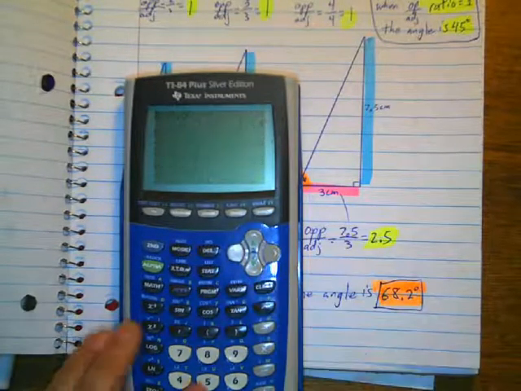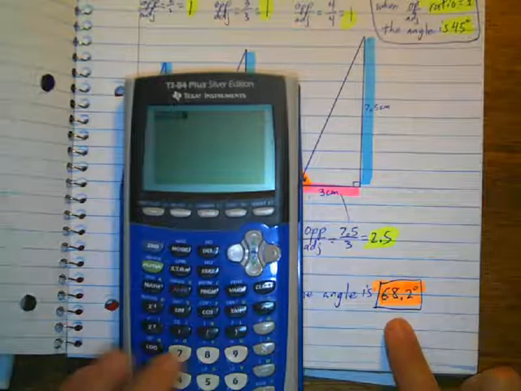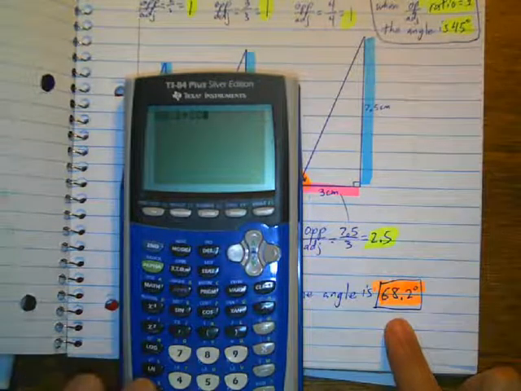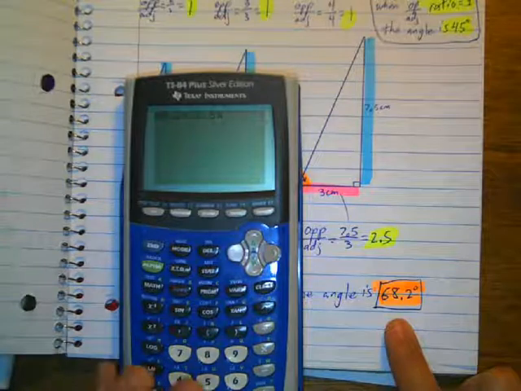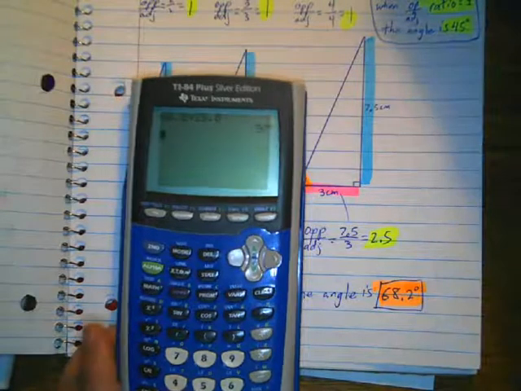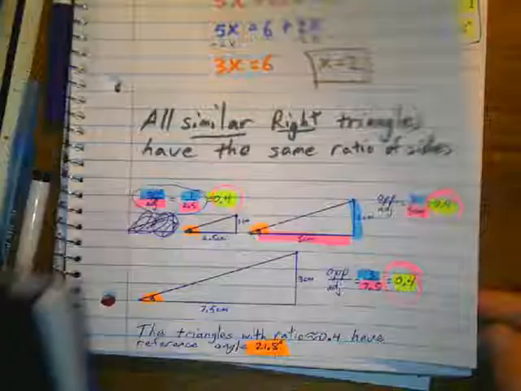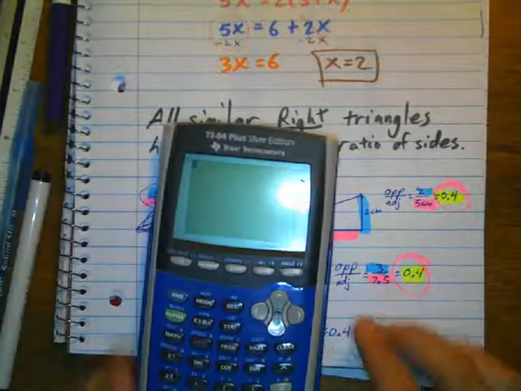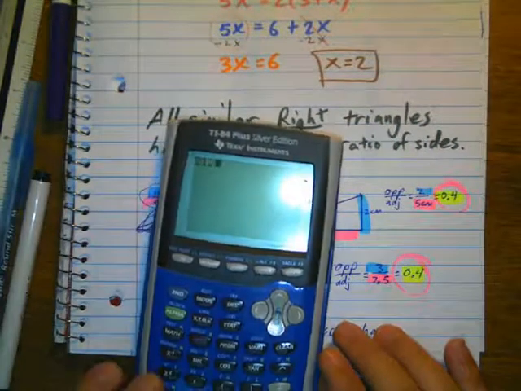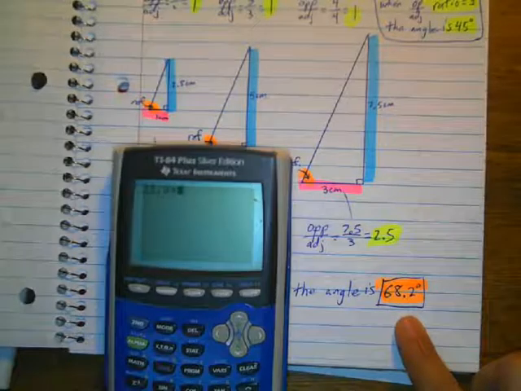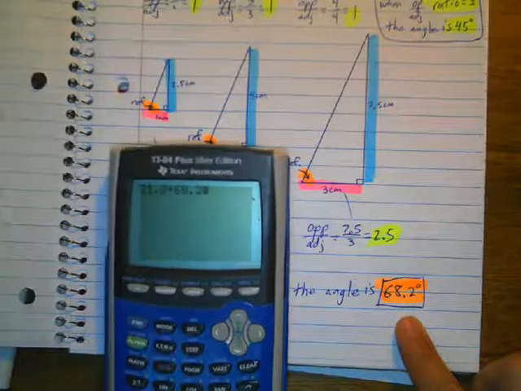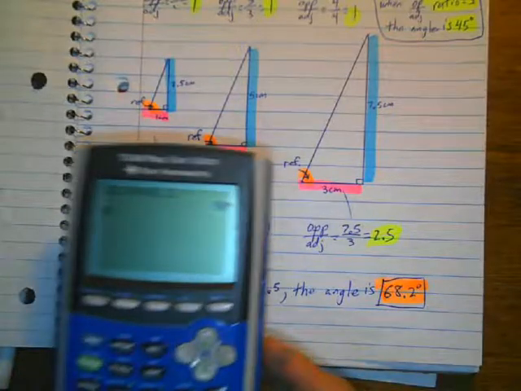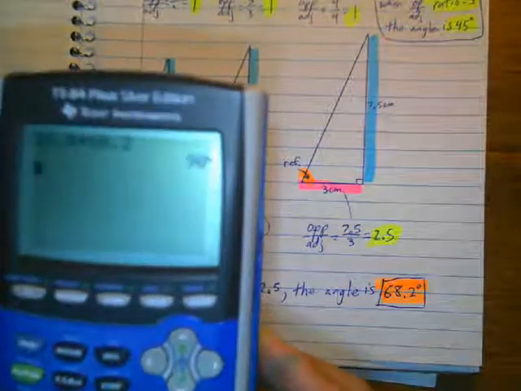What is 68.2 plus 21.8? Oops. 21.8 plus 68.2 is 90 degrees.